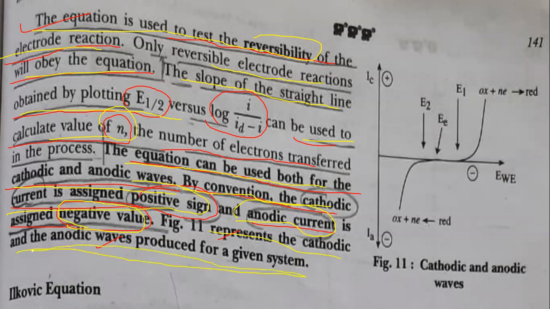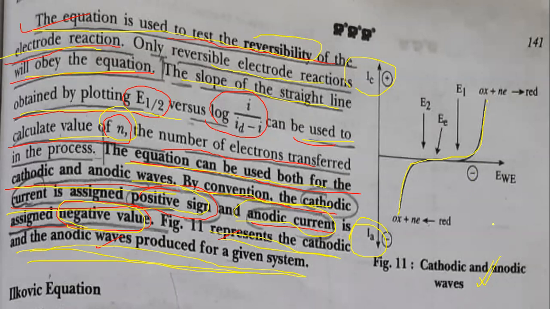For the cathode, you can see it is on the upper side, and for the anode it is on the downward side. See how the wave becomes like this. This is the equation, and we can check the reversibility of the electrode reaction.